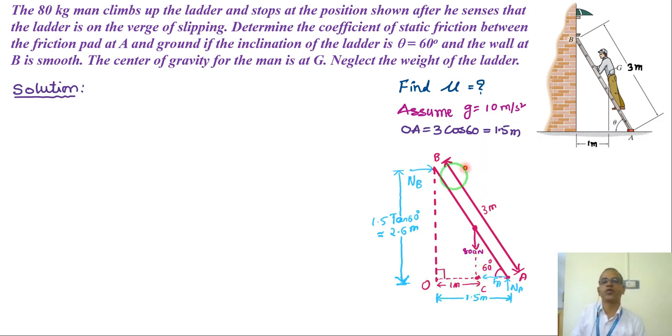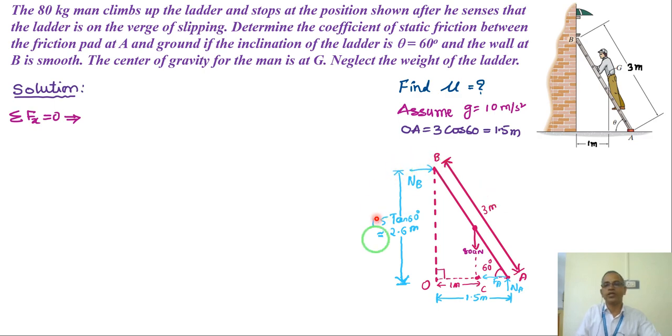So what I need to find out is this OA. Since angle is given to me and the hypotenuse given to me, in order to find the base, I use cos theta, right? So anyway, that's required. We will see that.